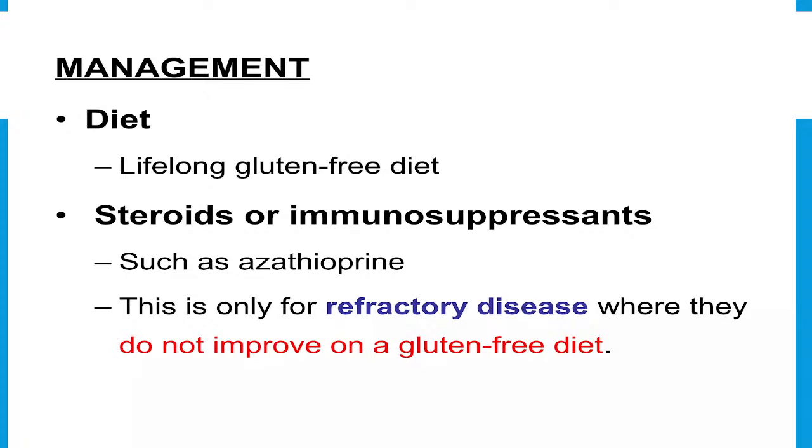Then steroids and immunosuppressants such as azathioprine have been tried. This is only for refractory disease where patients do not improve on gluten-free diet. Most patients improve on gluten-free diet. Steroids and immunosuppressants are only reserved for those who do not.